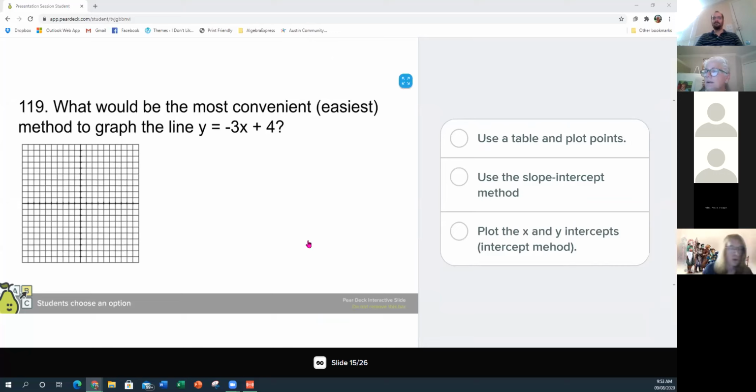Again, there is a most convenient, easiest method to graph this line, but just as long as you get the correct line, I don't really care what method you use.